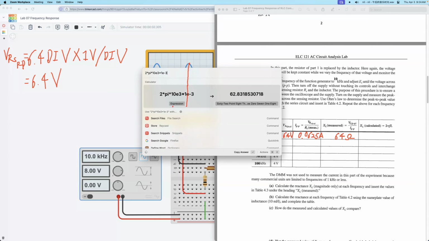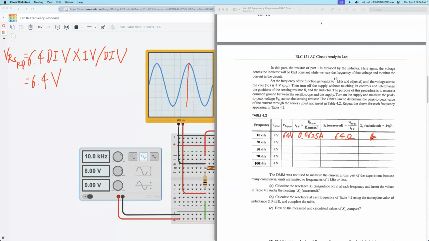So 62.8. Okay, so maybe close, right? So this means our measurement is correct.